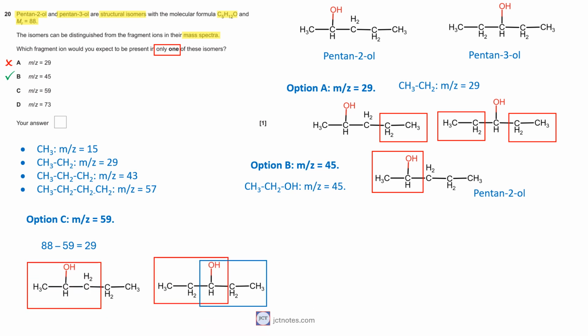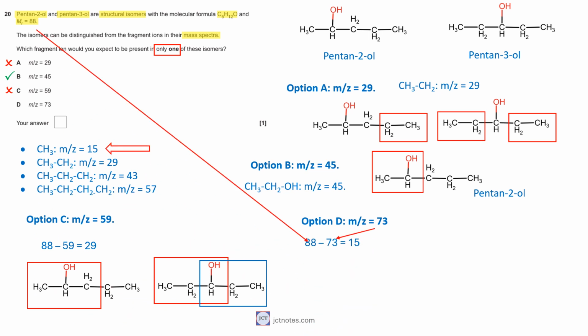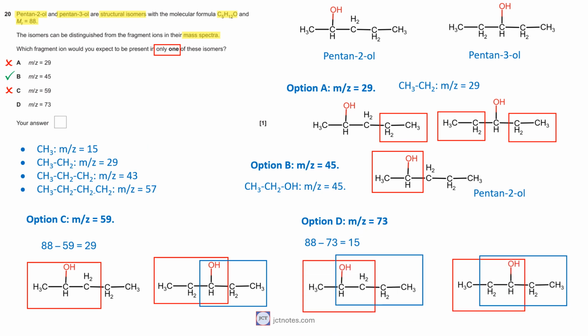Option C is not the answer. Option D, m/z equals 73. As the molecular mass is 88, we can calculate that 88 minus 73 equals 15, and as m/z equals 15 is for CH3, we remove this fragment from the isomers, leaving the following fragments. Option D is not the answer. The answer is B.